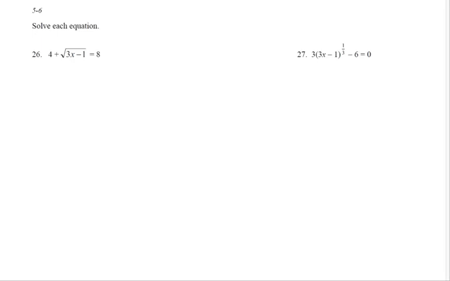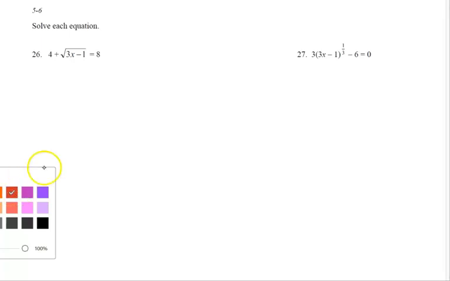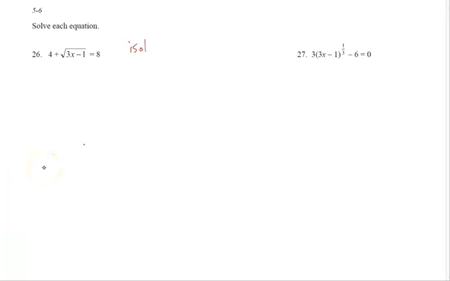Solving radical equations. You need to isolate the radical first. Important first step. So that means I'm going to get this radical all by itself on the left before I do anything else. So that means I'm going to have to subtract 4. And to undo the square root, I square, just raise that to the second.